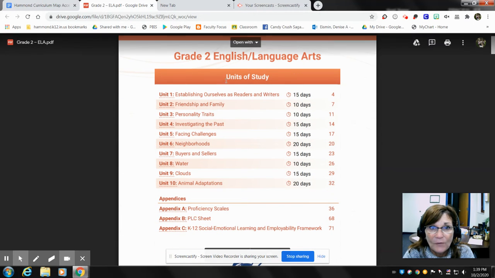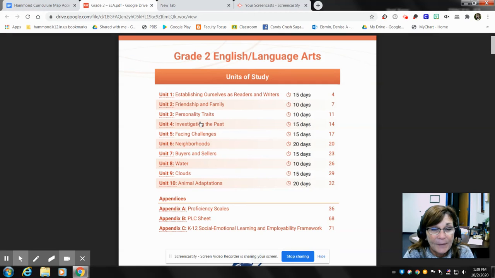And if you notice, all the units of study are in thematic units. Now, the thematic units themselves are different from the thematic units that I taught years ago. These are thematic units around a central theme or that big idea. So each one of these units is around that big idea that ties into what the assignments are.